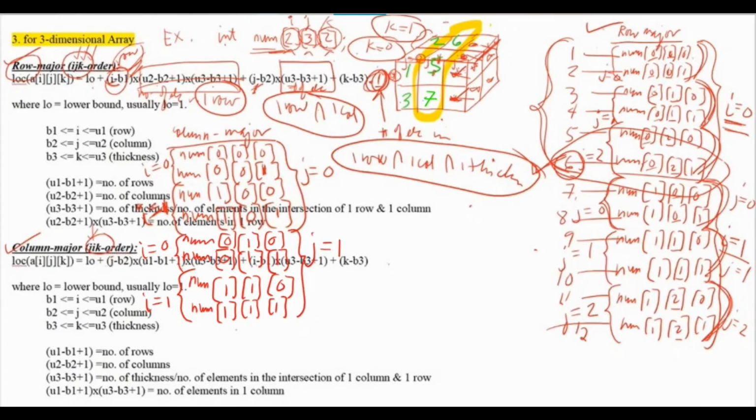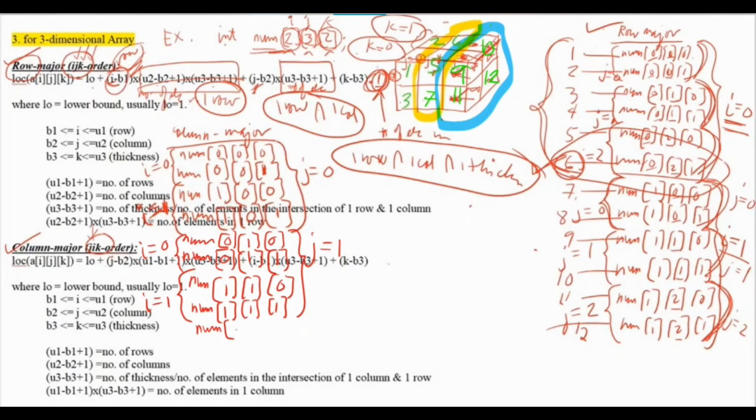Let's move now to the third and the last column, which is this one here. So this is our number 9, number 10, number 11, and the last number 12. Number 9 now, what are the indices?